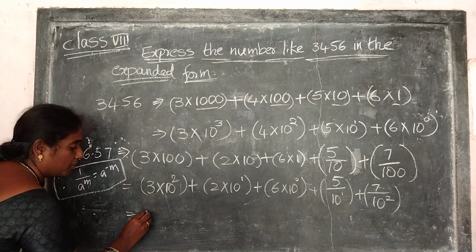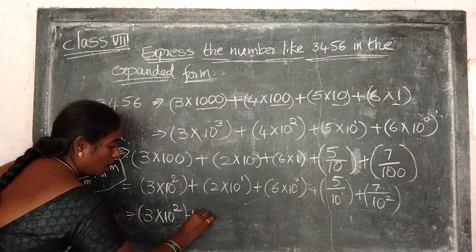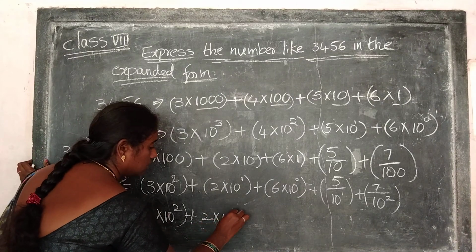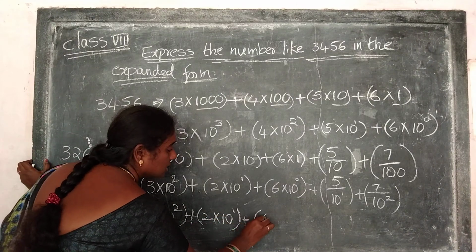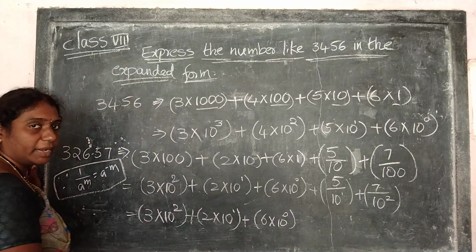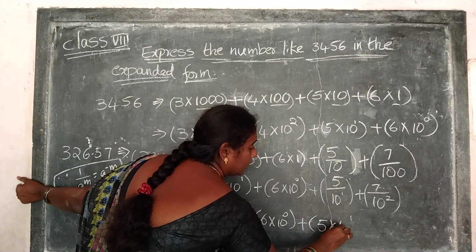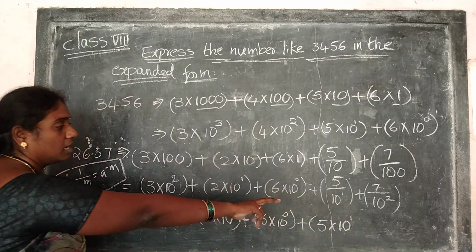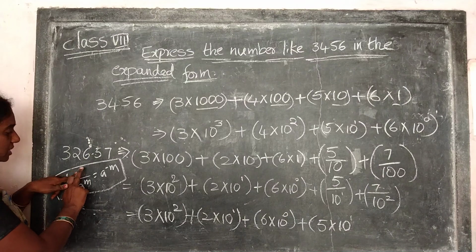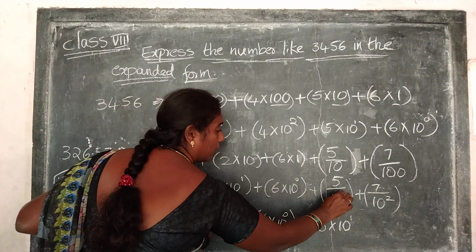The rest remain the same: 3 into 10 power 2 plus 2 into 10 power 1 plus 6 into 10 power 0. Now it becomes plus 5 into 1 by a power m, where a power m here is 10 power 1.